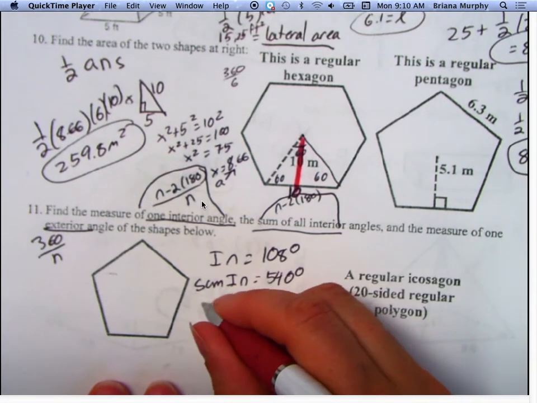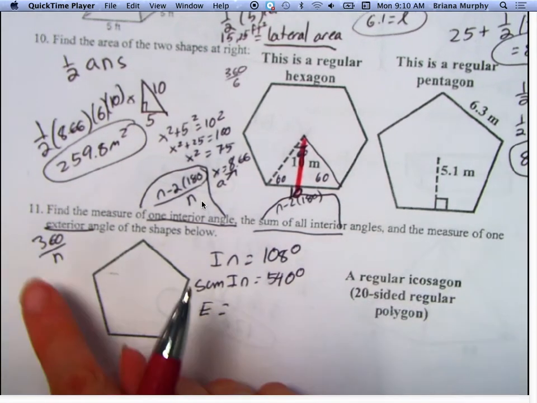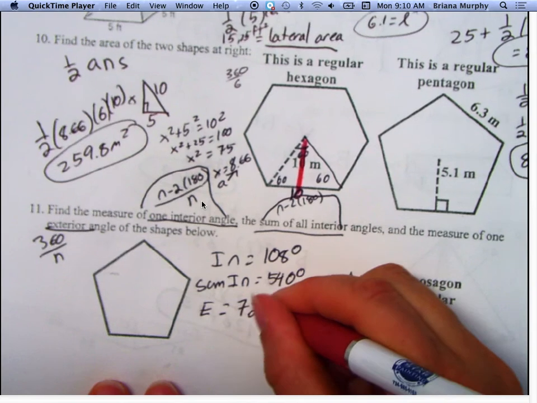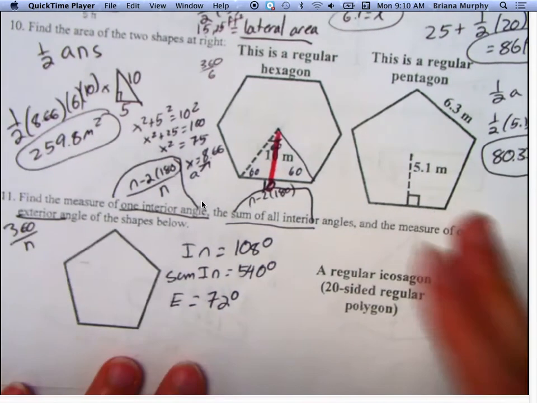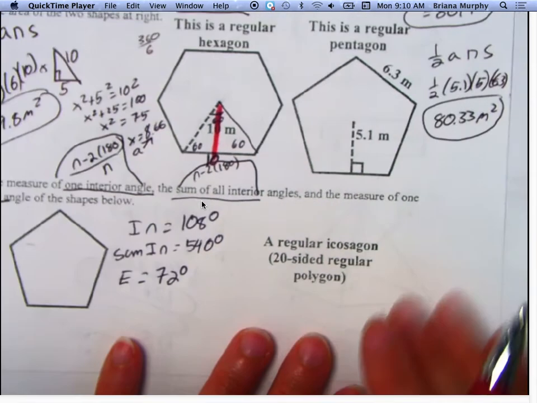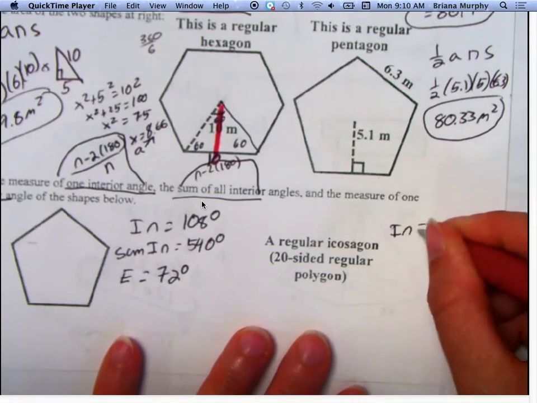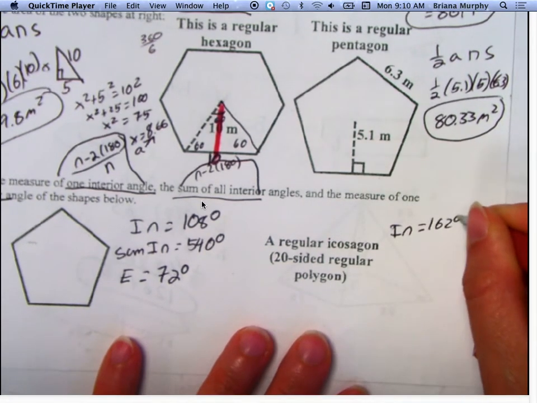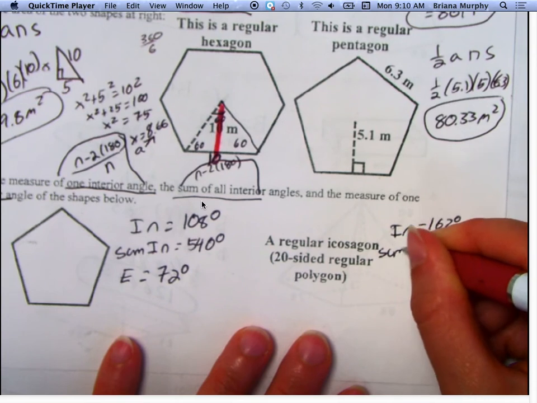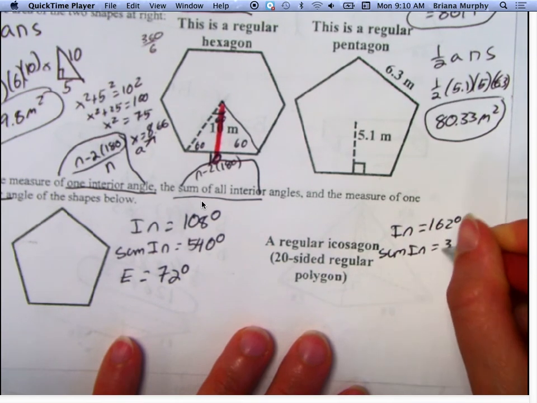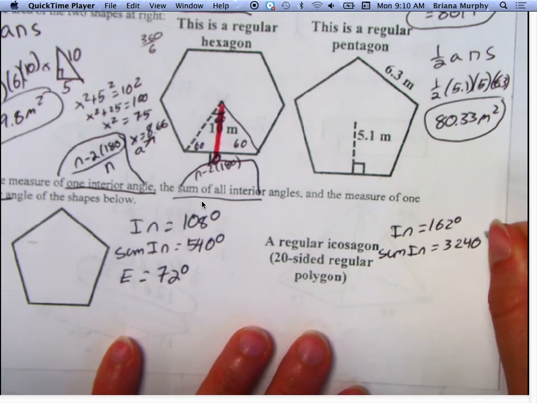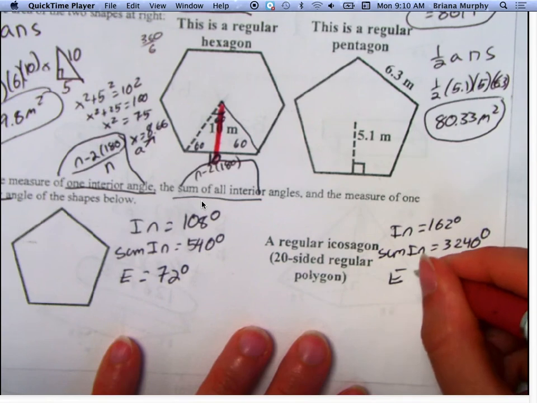And then I should get the exterior angles, which is 360 divided by 5, which gives me 72. And then the same thing for our 20-sided polygon. Interior angles is 162. Sum of interior angles is 3,240. And exterior angles equals 18 degrees.